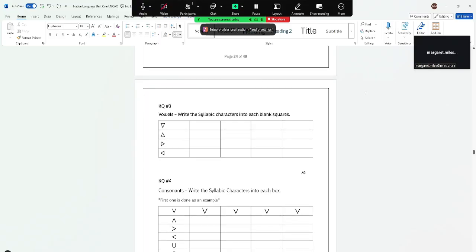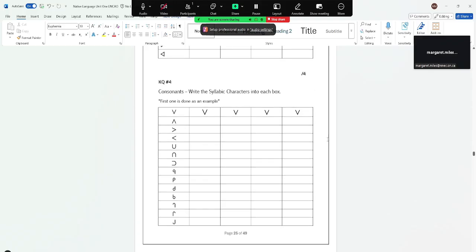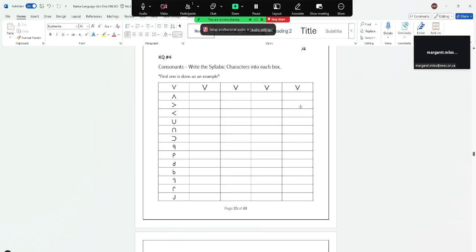And the key question for vowels, it says write them in syllabic characters into each blank square. And key question 4, consonants, write the syllabic characters into each box. So the way it's written in the front, if you look at this example chart, the first one is done.